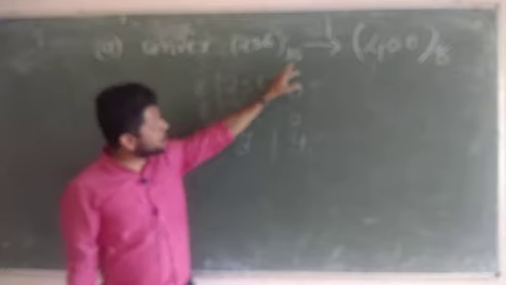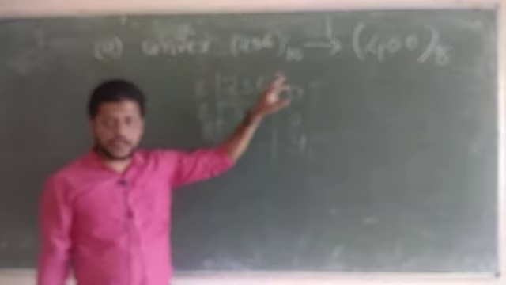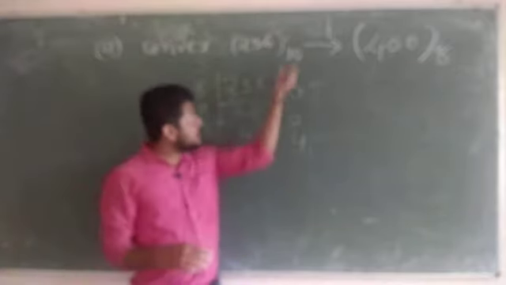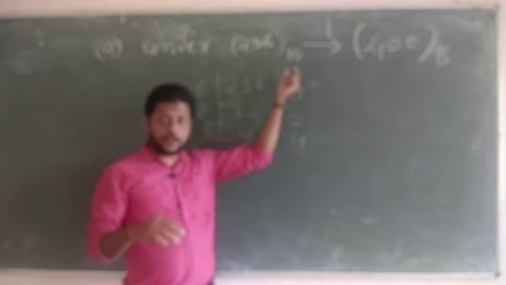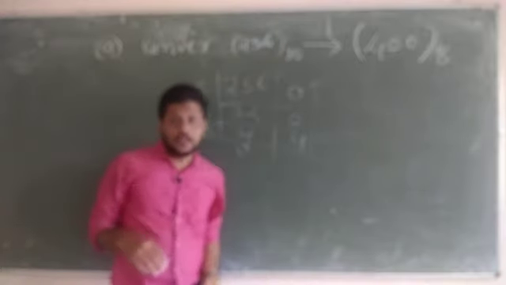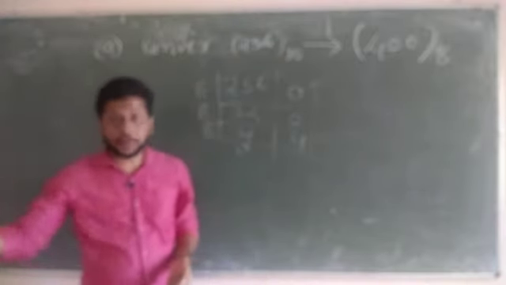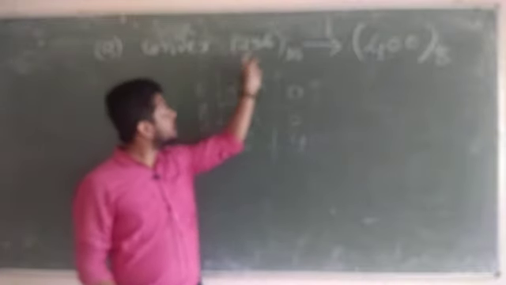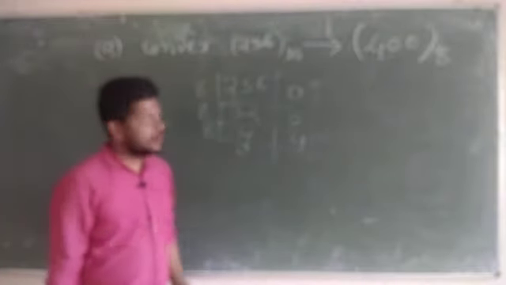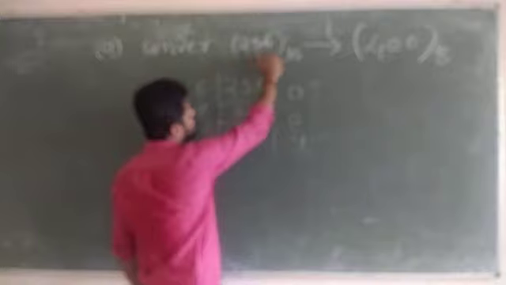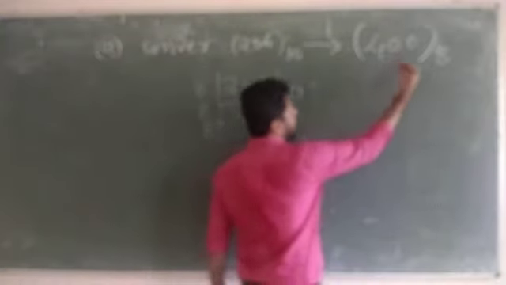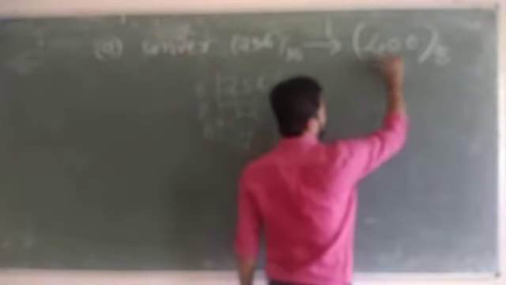You need to observe this while converting from one base to another. Suppose the number is given in a particular base, here 10, and you want to convert it into a smaller base, then the resulting number must be greater than the given number. So 256 in the decimal number system got converted into octal, and becomes 400.